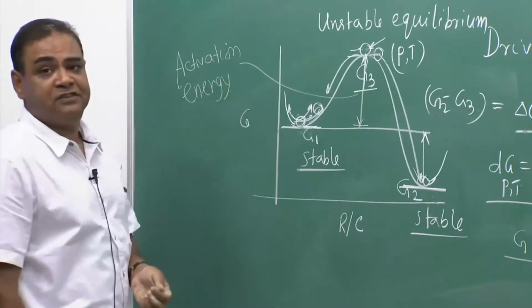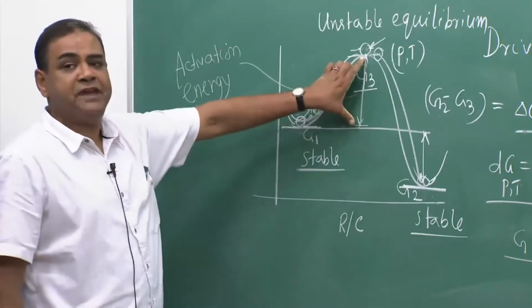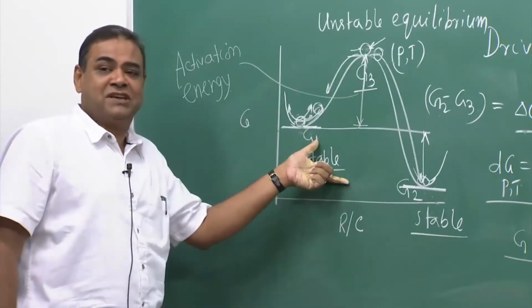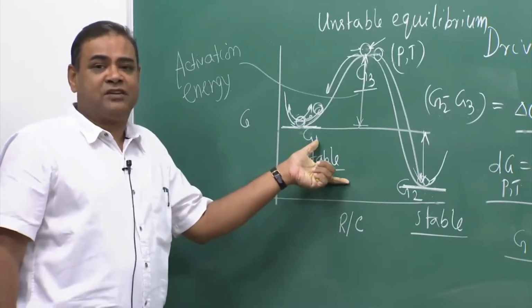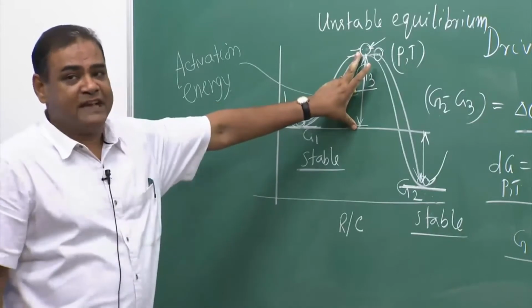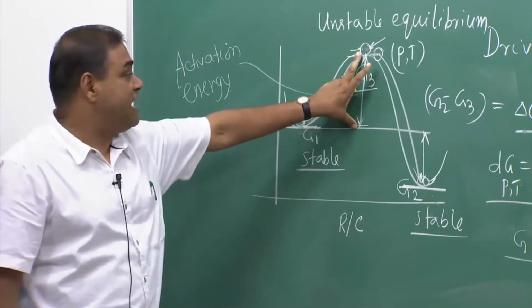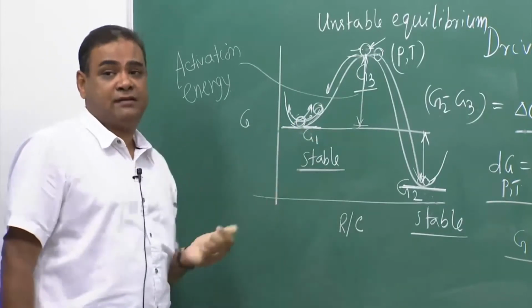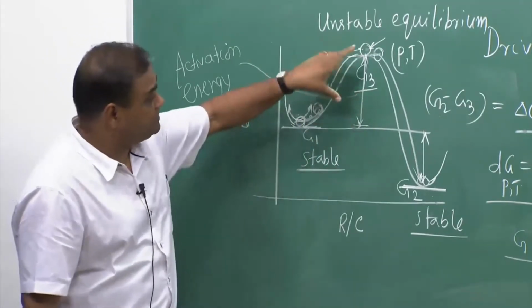This is my activation energy. This is the energy barrier, and though we have a spontaneity, whether the process would take place or not would be decided by the value of this activation energy, the amount of activation energy this ball has to acquire in order to jump over this barrier.